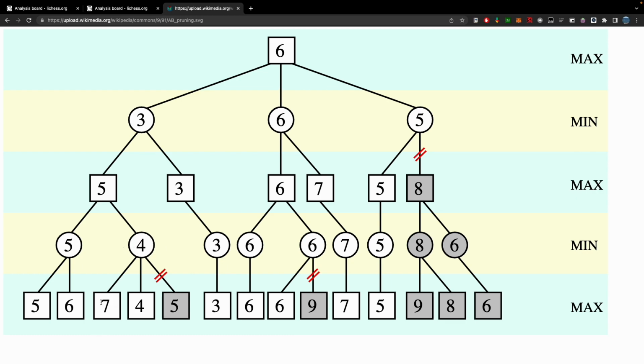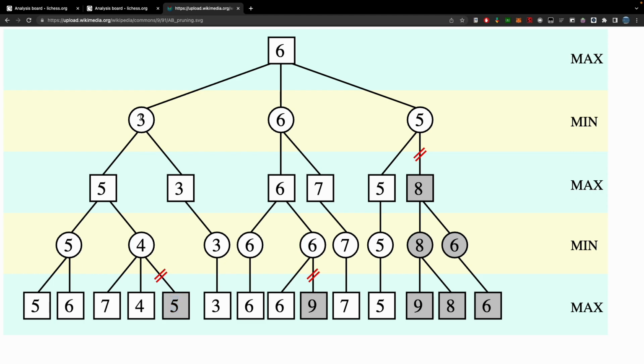So here the first value is a 7, and nothing's normal, so that would make this a 7. But then when we know that this is a 4, we know that this must be less than 4, because if this is larger than 4, this will stay as it is. If this branch here is less than 4, then this will become whatever that branch is, and that will be less than 4. So we know that regardless of this branch, the AI will definitely pick the left branch here, which will be a 5.